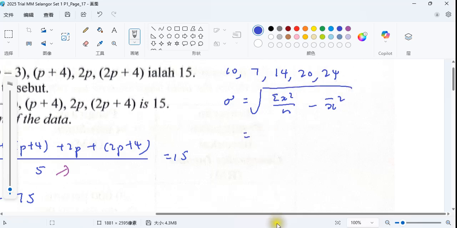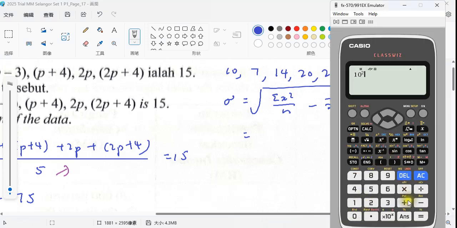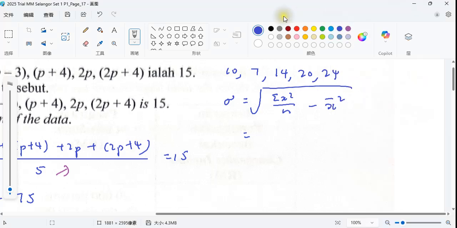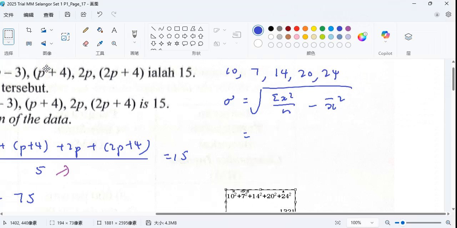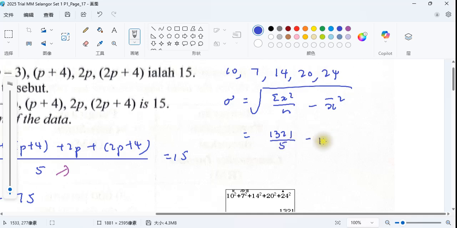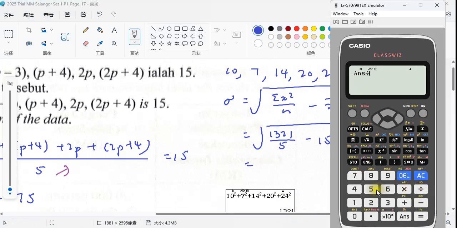So it will be 10 squared plus 7 squared plus 14 squared plus 20 squared plus 24 squared, which is 1321. So 1321 over 5 minus 15 squared, and then we square root it, and this will be the answer.